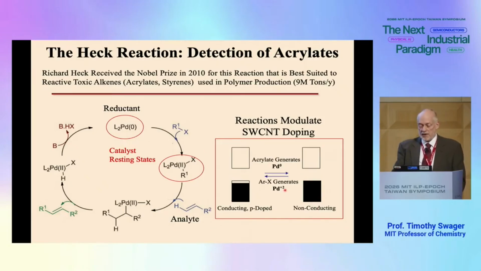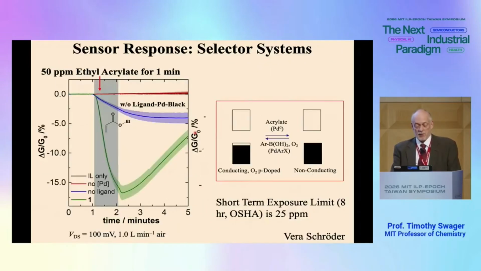And as this group reacts again and puts it back into palladium 2, we regenerate the conductive form on this side. As I alluded to, this is a little more complicated than we have right here. We actually use molecular oxygen as part of this reaction as well, but that's nice because we want to do our sensing out in air.